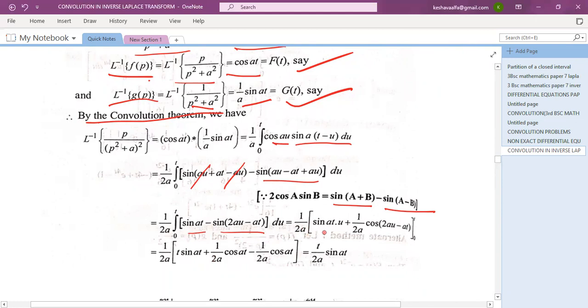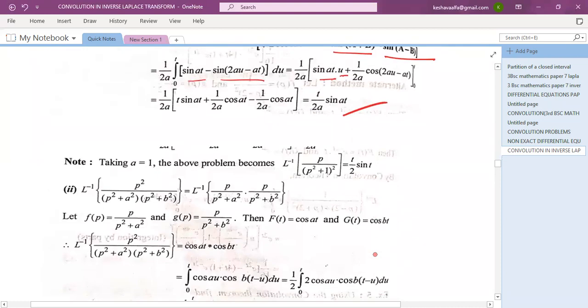So 1 by 2, here sin at into u, sin at is constant. We are integrating with respect to du, so integral du is u. Then 1 by 2a, integral of sin is minus cos of 2au minus at by 2a. So applying limits 0 to t, we get t by 2a sin at.